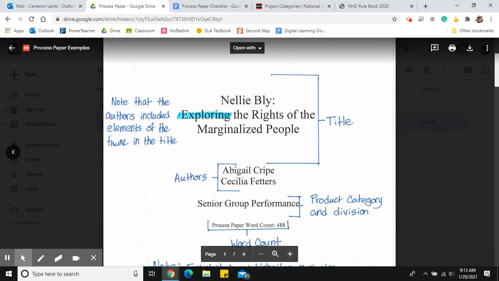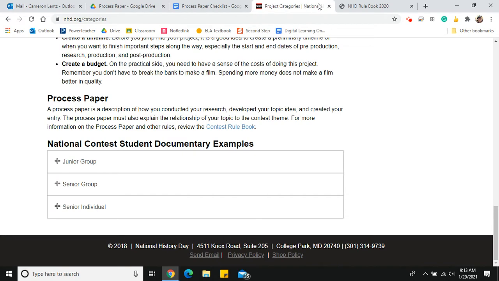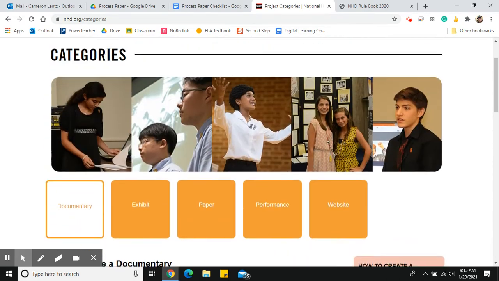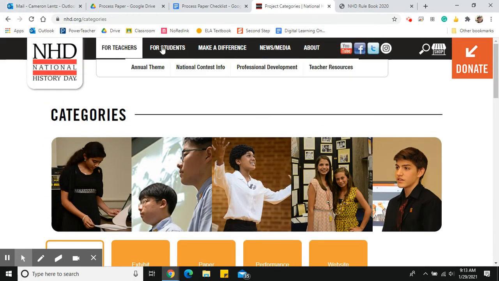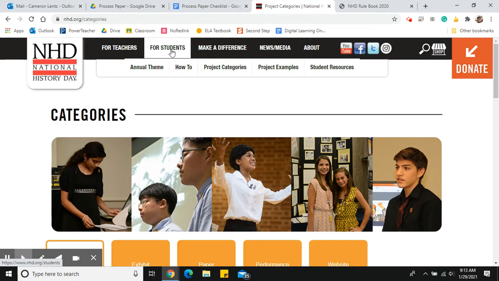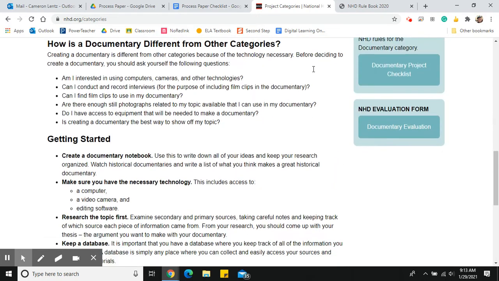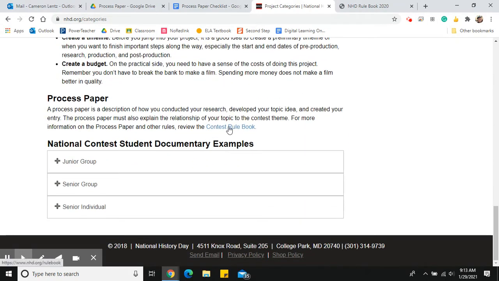So the process paper can be delineated, or detailed, laid out for you in the rule book. So if you don't know where to find the rule book, it's posted on Google Classroom. But also, if you go to nhd.org and under the For Students tab, you go to project categories. No matter which project you select, if you scroll down to the bottom, the contest rulebook will be hyperlinked.